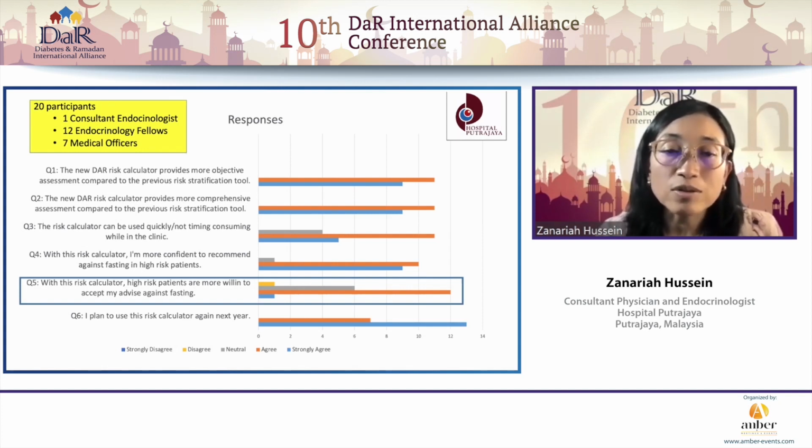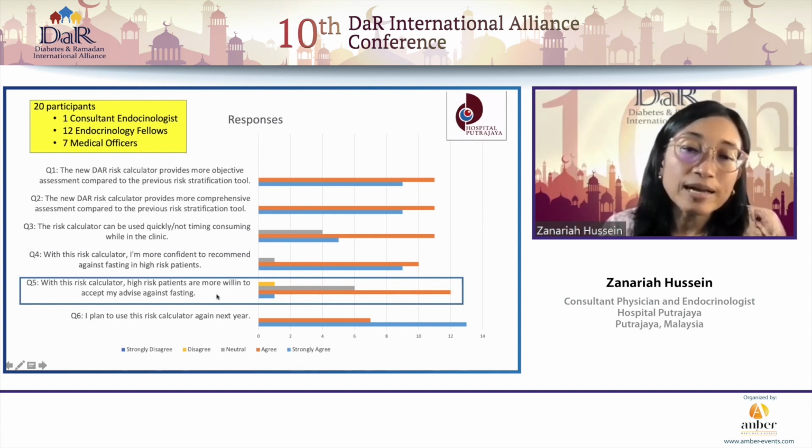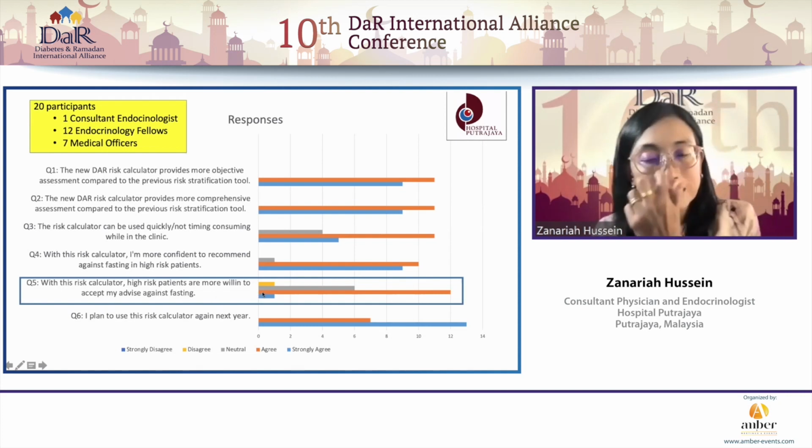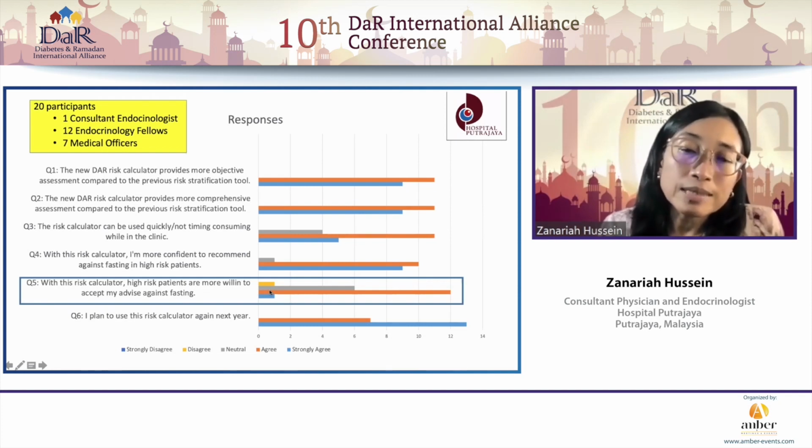They could use it confidently in their patients. But as we can see here in question number 5, they found that there was some disagreement that the patients would follow their advice as recommended following the risk stratification.